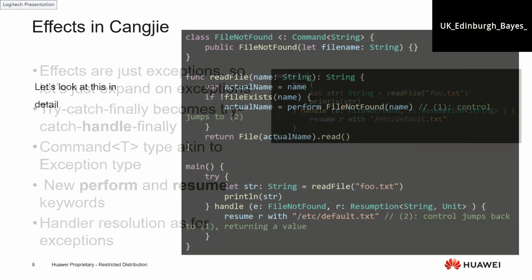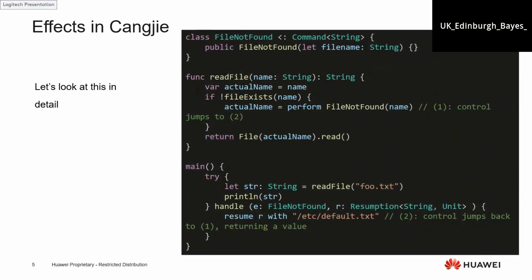So let's look at this example above in more detail. We have this readFile function, which takes a file name as a string, and if the file does not exist, we perform an effect. Rather than throw an exception, we perform an effect saying we haven't found this file. We don't specify what we do about this; we leave it up to the handler to decide.